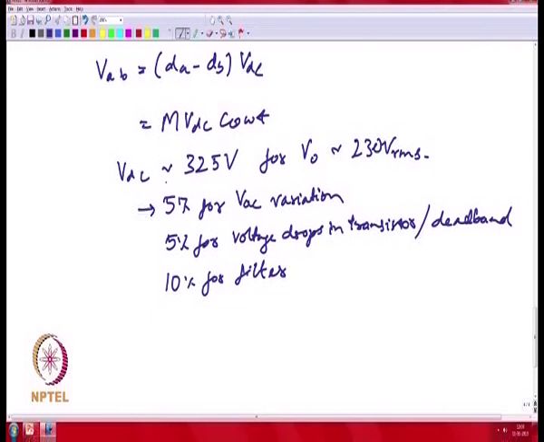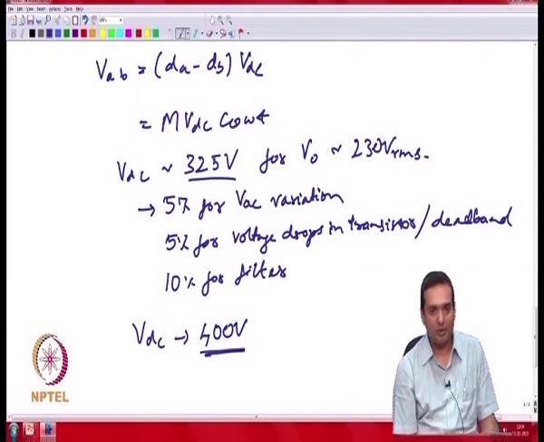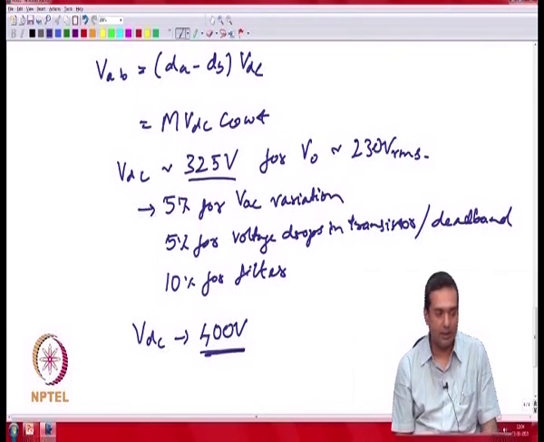So, the actual DC bus voltage that we might need to use would be higher, of the order of 400 volts rather than 325 volts ideally. So for the selection of the capacitors, we are talking about capacitors which are rated higher than 400 volts, maybe 450 volts would be a suitable choice.